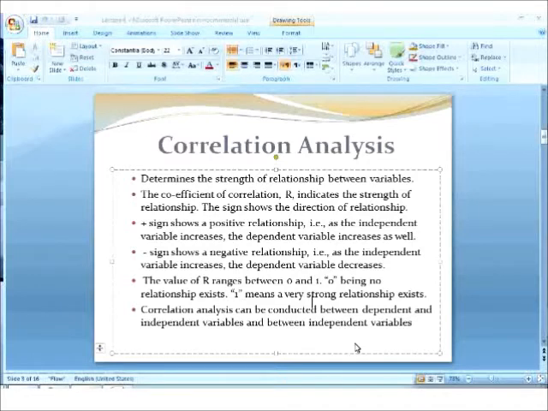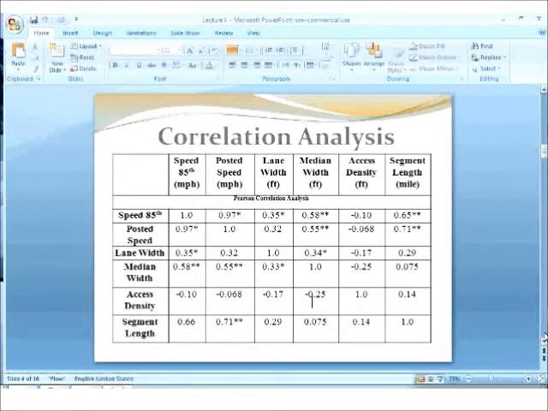So we have the number of signals and the speed limit; these two variables are kind of correlated with each other. So there could be a correlation between a dependent variable and an independent variable, and between the independent variables as well. Now, in my next slide, I have a table here.